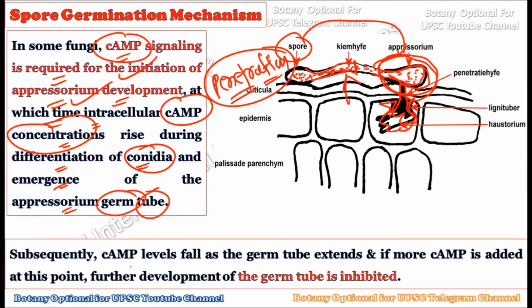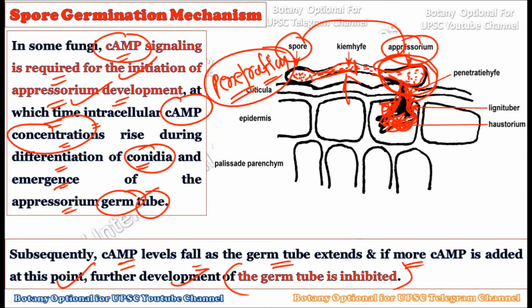Okay. Now see, subsequently these cAMP levels will rise as the germ tube extends, and if more cAMP is added at this point, further development of the germ tube will be inhibited, and this is very important because once it starts to create the germ tube from the appressorium, from that point the infection is going to enter within the plant body.